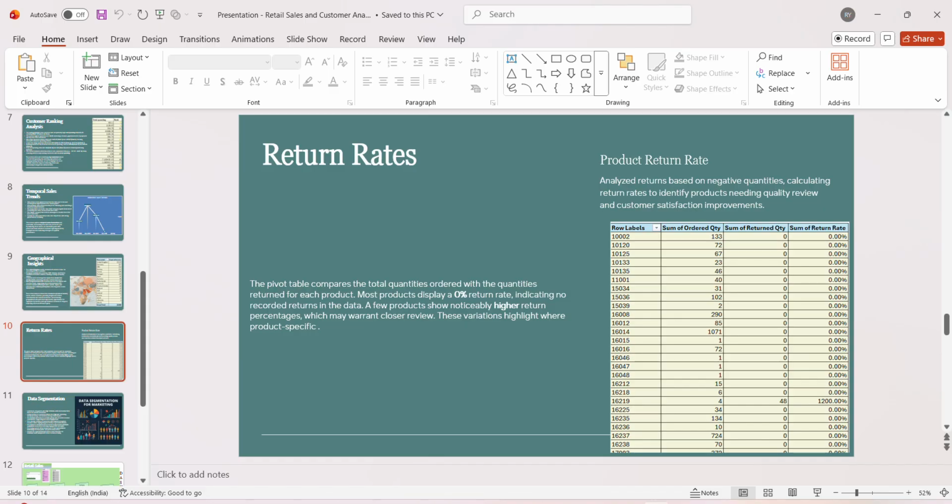Most products display a 0% return rate, indicating no recorded returns in the data. A few products show noticeably higher return percentages, which may warrant closer review. These variations highlight where product-specific issues arise, and it is also a good sign that we have a 0% return rate. This means we have no negative or debt on us.